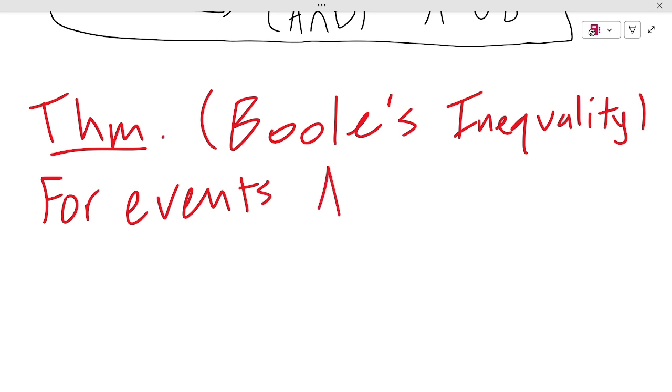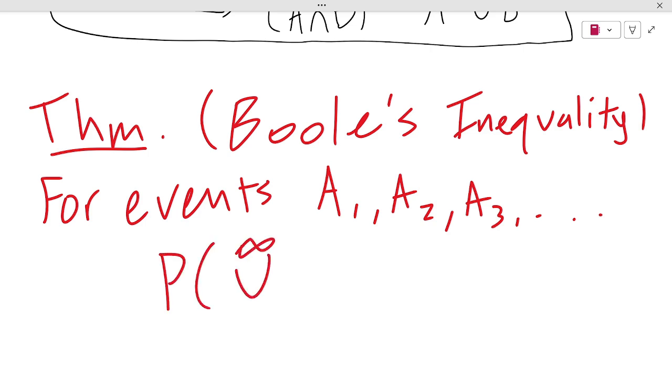So for events A1, A2, A3, we can have an infinite number. We know that the probability of the union of all events is an inequality, so we say it's less than or equal to the sum of all probabilities.